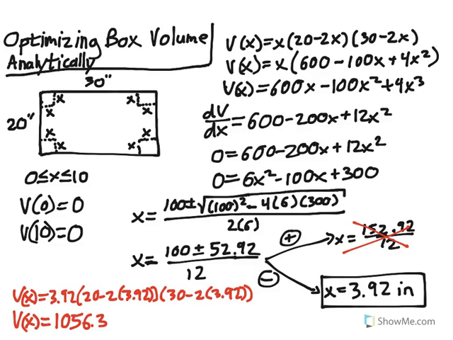And since our length units were in inches, that means our volume units are going to be in cubic inches. Okay, so that is the other half of your answer.